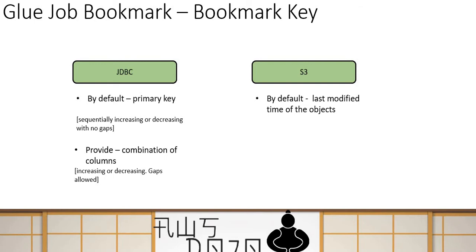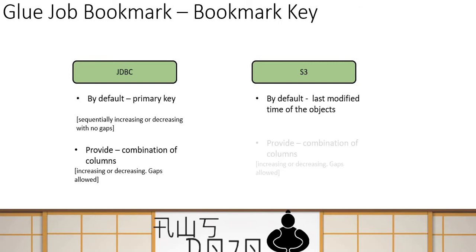So based on the timestamp, or on objects being modified or new objects created since the last job run, can be used in the case of S3-based data. By default, S3 uses a last-modified-time-based way to identify whether the object has already been processed or not.